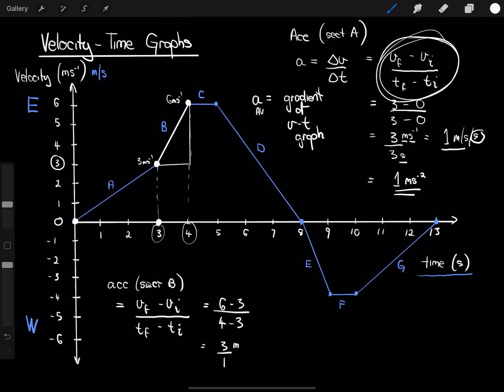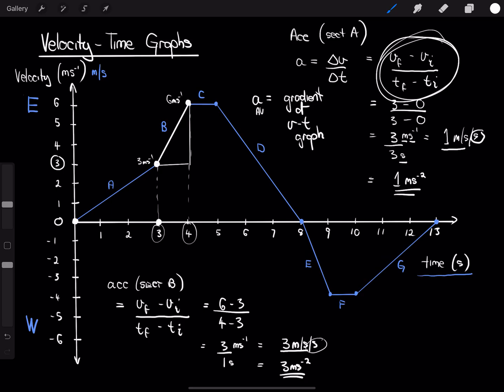So that's 3 meters per second over 1 second. So the answer is 3 meters per second per second, or write that as 3 meters per second to the negative 2. And so this is telling us, of course, that it's increasing its velocity in the easterly direction by 3 meters per second every second.